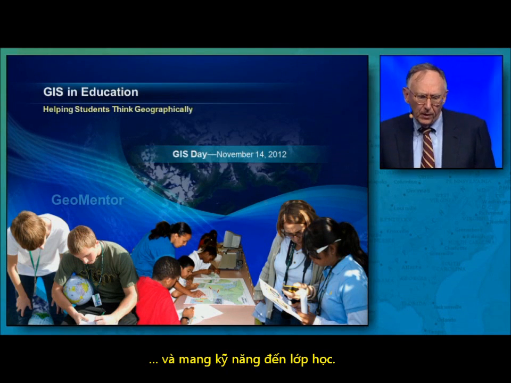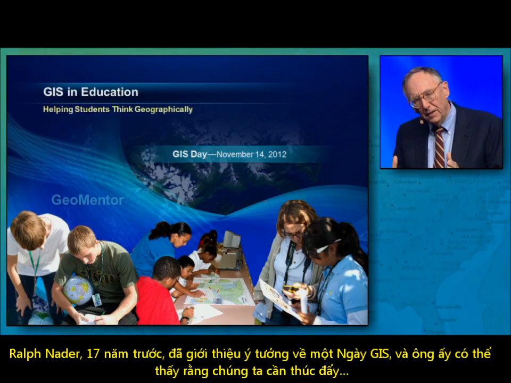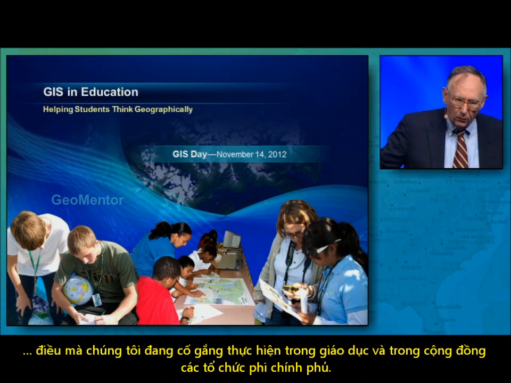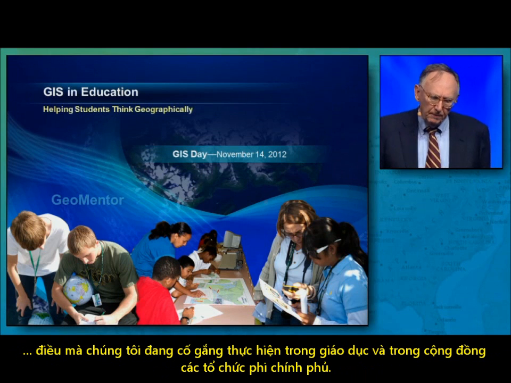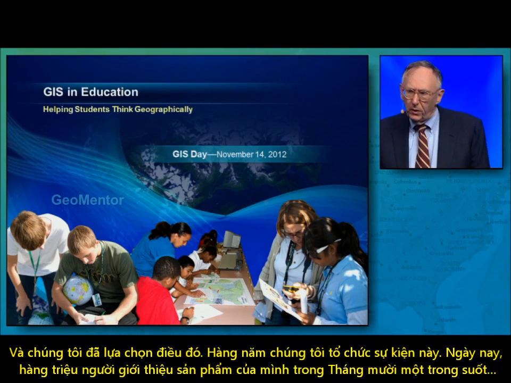Ralph Nader, about 17 years ago, introduced the idea of a GIS day so that he could see that we need to promote what we're trying to do in the education and in the NGO community. And we've adopted that. Each year we hold this.